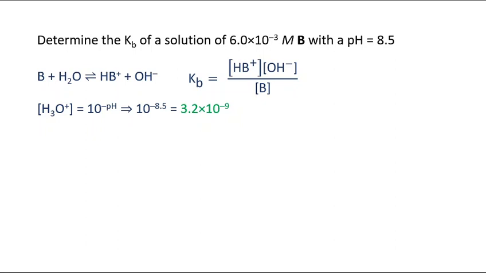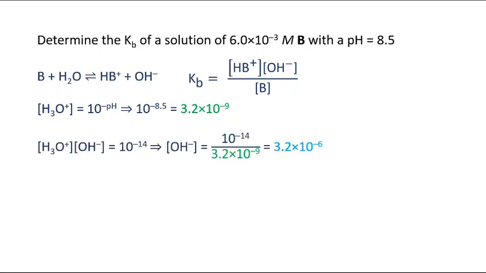So plugging these in, our hydroxide concentration is going to be equal to Kw, 10 to the negative 14, divided by the concentration of our hydronium ions, 3.2 times 10 to the negative 9. In this case, we end up with our hydroxide concentration as 3.2 times 10 to the negative 6. So now we know our hydroxide concentration.